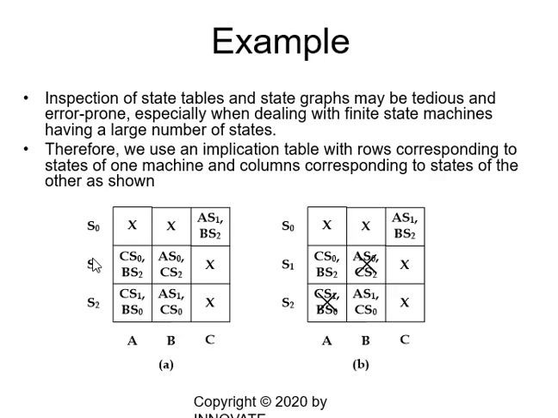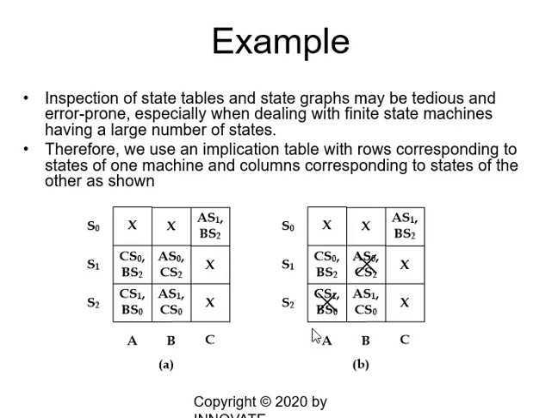C with S1 cannot be equivalent, so we put X in that square, and C with S0, their implied pair of successors is A S1 and B S2. So in the second round, we check C S0, and C S0 is still there, so we leave it.